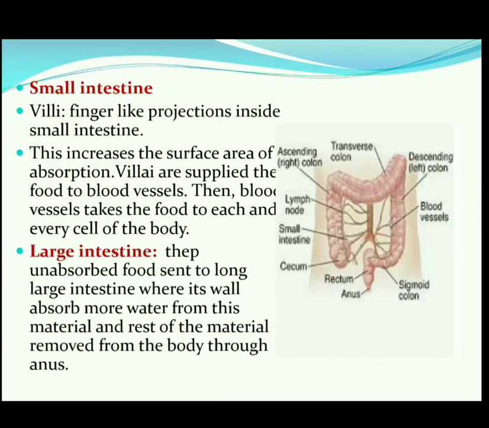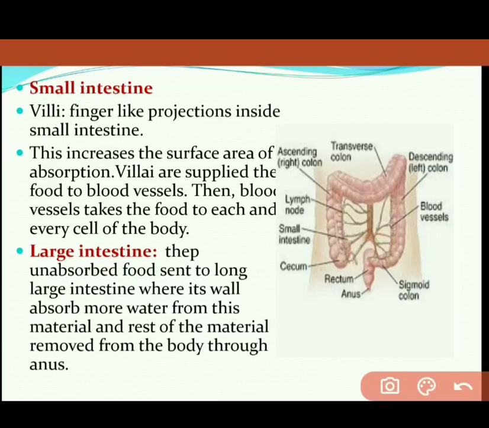The small intestine consists of finger-like structures called villi, and these increase the surface area for absorption. Villi supply the food to blood vessels, and then the blood vessels take the food to each and every cell of the body. So this is the main function of the small intestine.